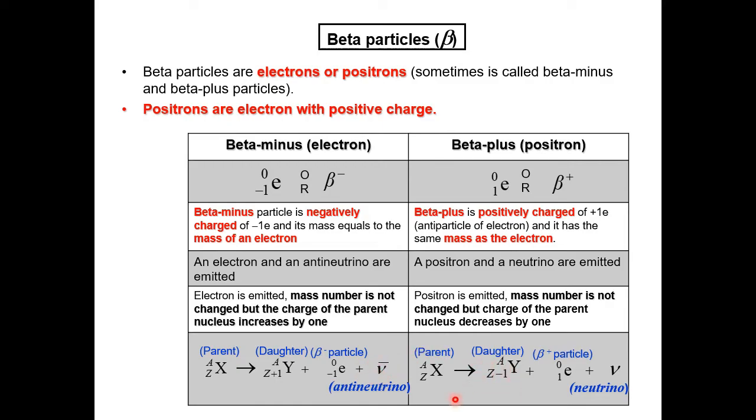And this one, the parent nuclide will produce, for beta plus, A, Z minus 1 Y plus a positron, or you can use beta plus 0, 1, plus a neutrino. So these are the differences of beta decay.